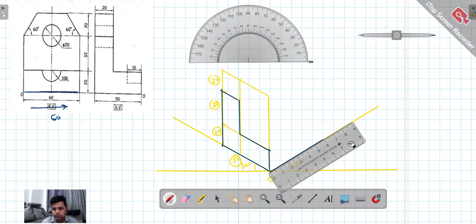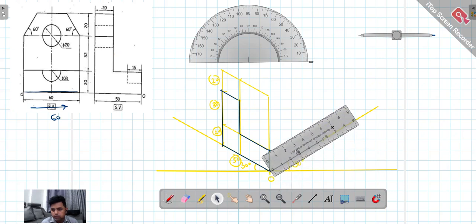Okay, so this is my point called 60, and from this 60 there is a construction which is parallel to this point. So this point is basically this point, and of course this point.